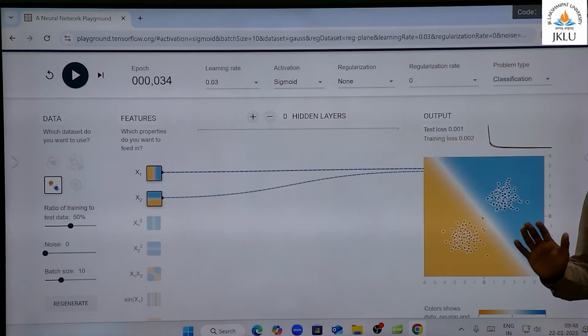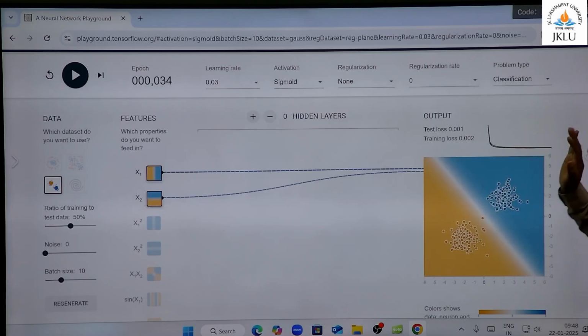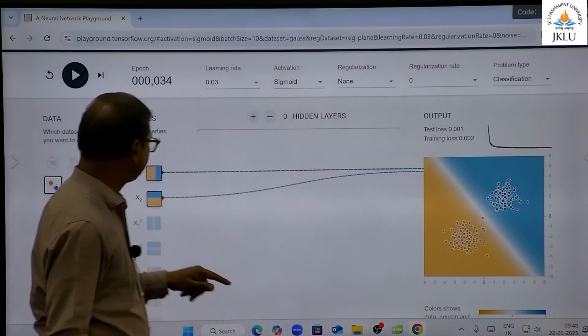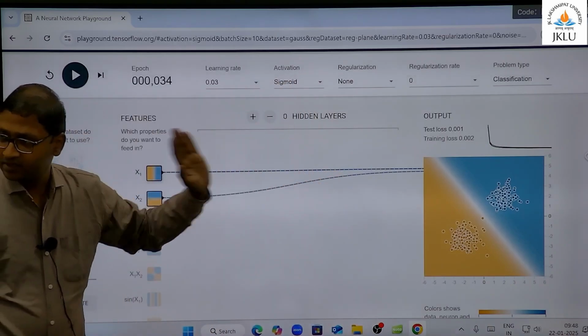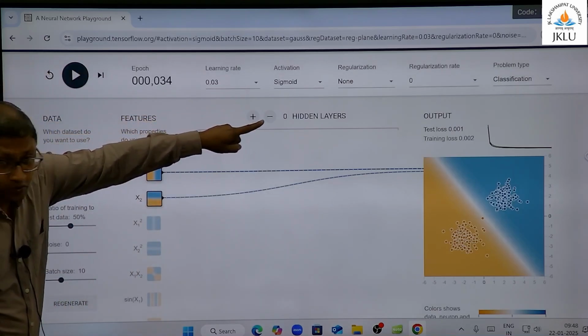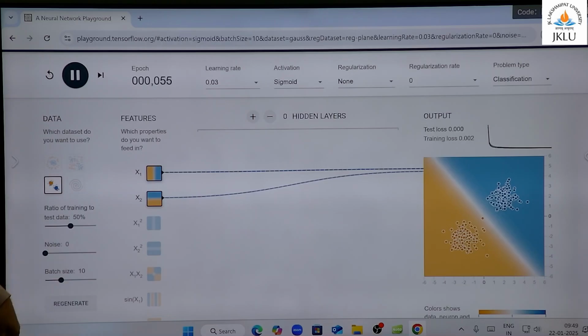This is what we were looking for. Okay, we already see a classifier here, right? So this is pretty good. You just have 2 features x1, x2, and you are able to classify this data set. Easy one. Test loss is 0.001 already, training loss is 0.002 already, maybe I can run this a bit more.